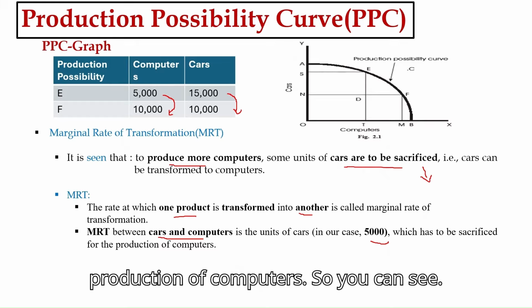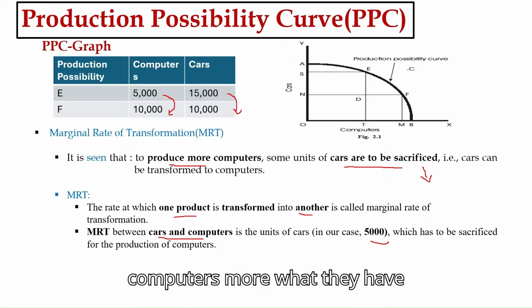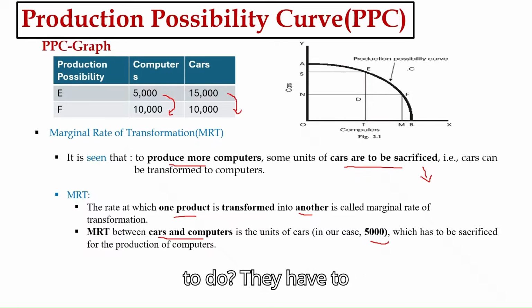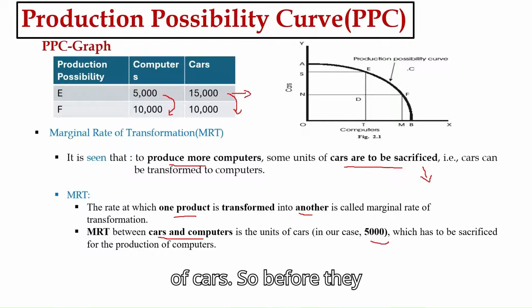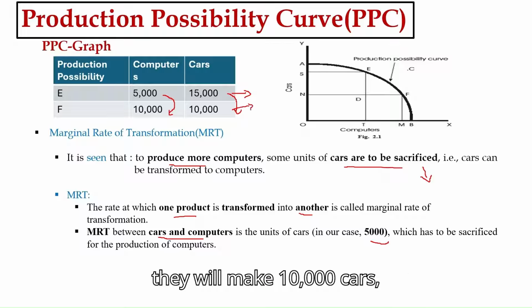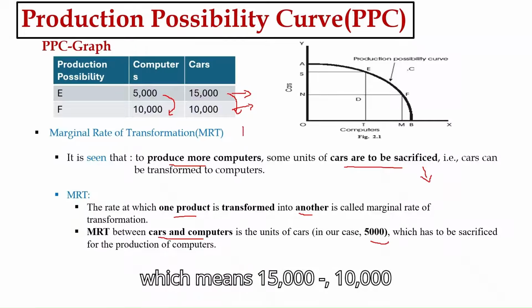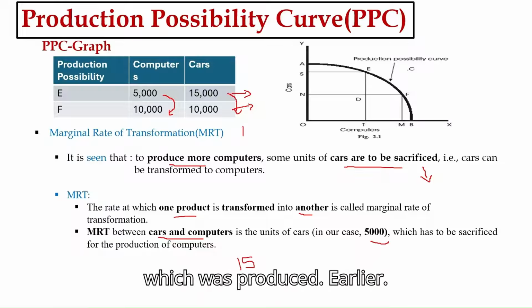So you can see, if the economy decides to produce 5,000 computers more, what do they have to do? They have to decrease the production of cars. Before they were producing 15,000 cars, now they will make 10,000 cars, which means 15,000 minus 10,000. 15,000 was the number of cars produced earlier.